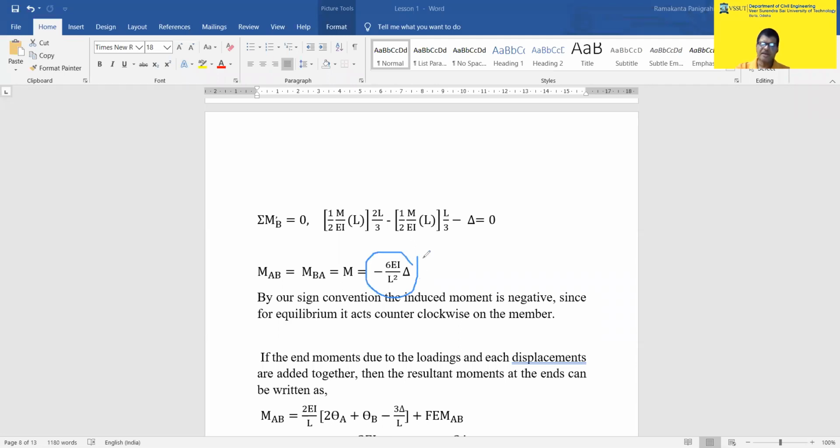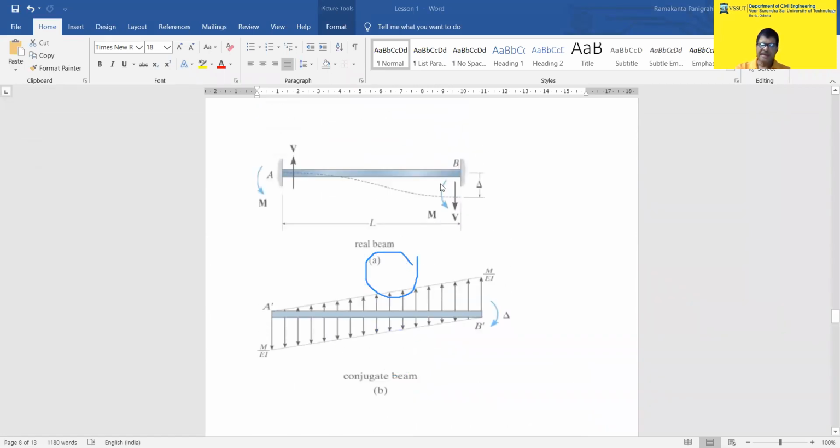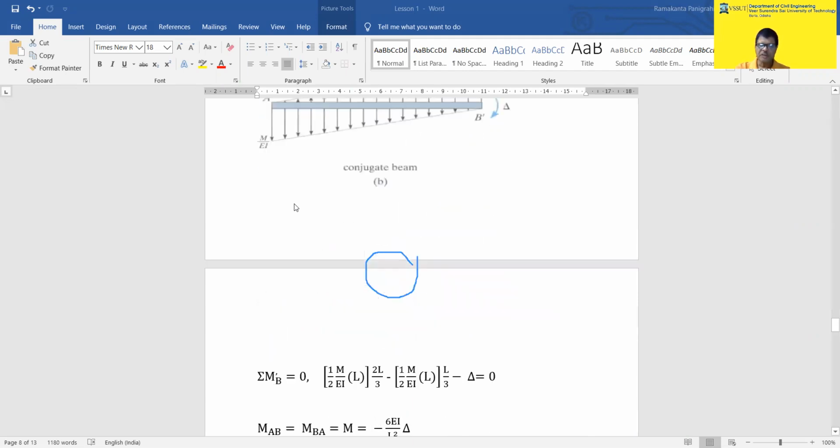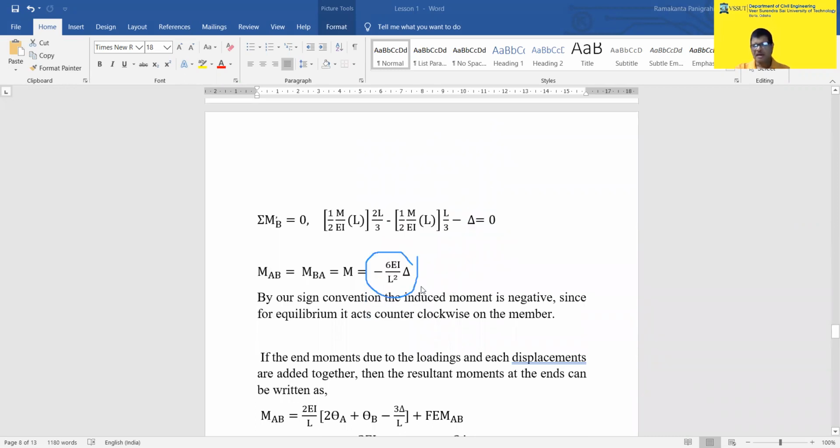Because the moment is anti-clockwise on both sides. It is not clockwise. Don't confuse the moments with bending moment. Clockwise moments are positive, so now it will come negative. So 6EI delta by L square is the moment.